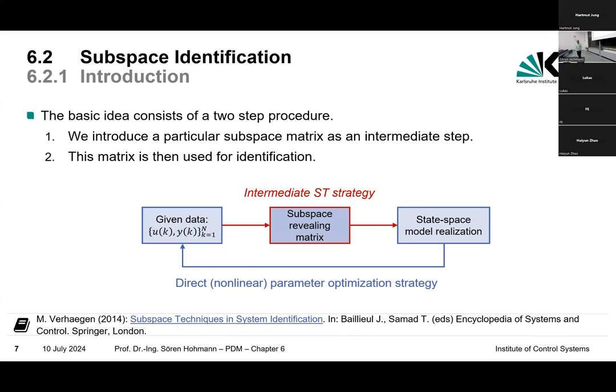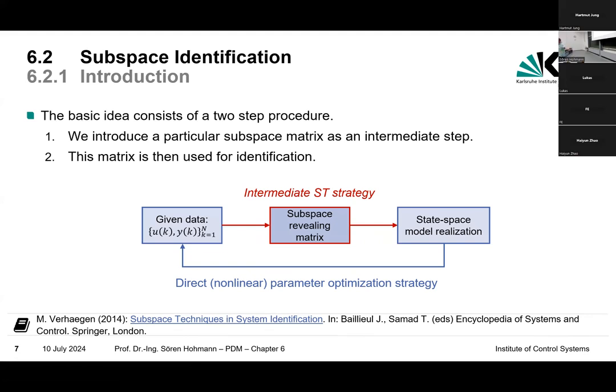So you have a set of measurements. Of course, very often you don't have the state values, you just have input and output, and the states are just an intermediate thing, something describing your system, as you know from your chapter 3, 2, and 4.